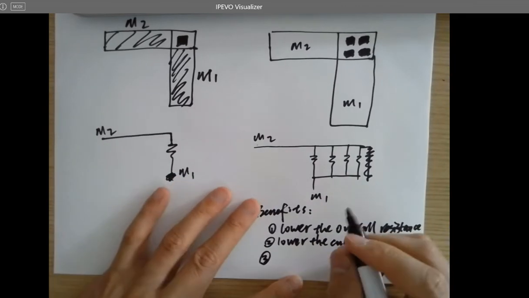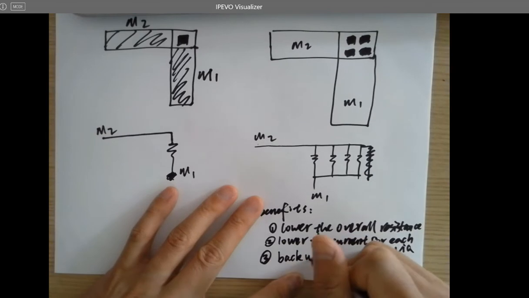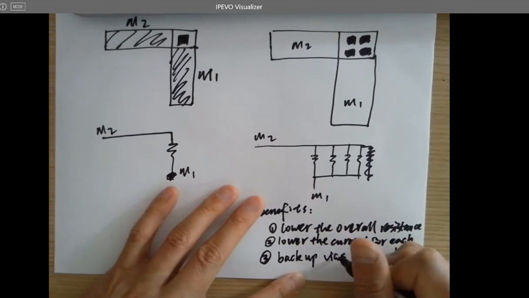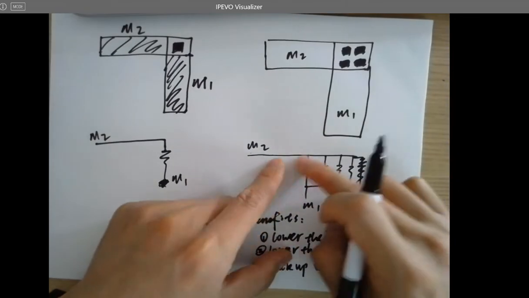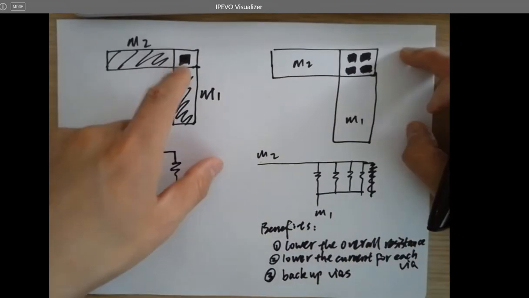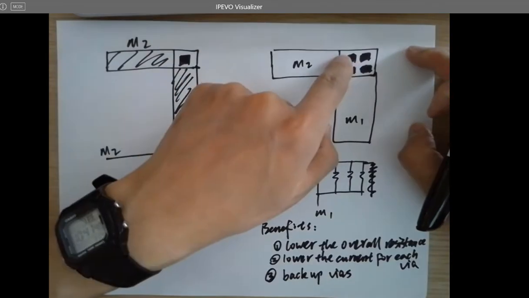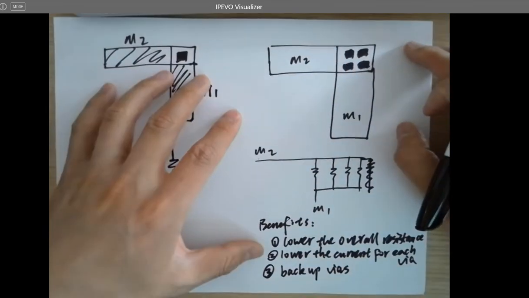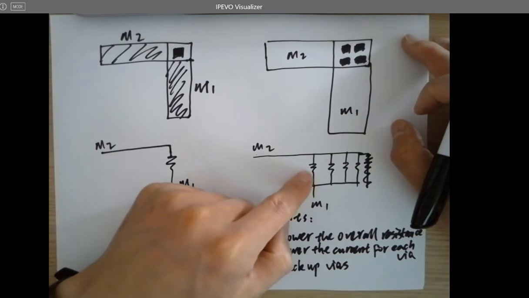Third, you got some backup vias. All the resistors in parallel are performing as a current divider. So the current used to flow through one via here can be divided into 4 components. So it lowers the current for each via.